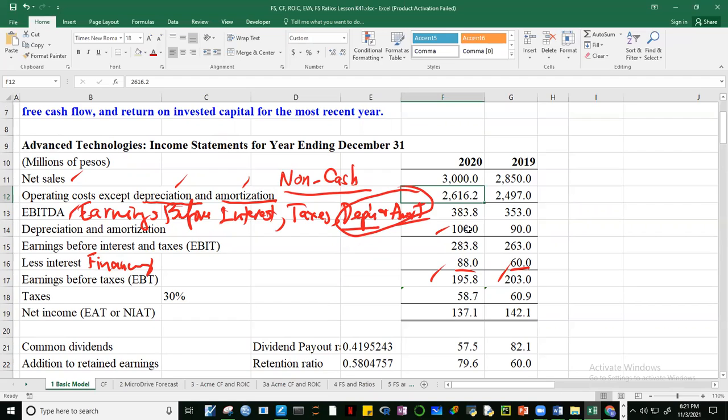So your total operating cost is 2616 plus 100, and we deduct that from your net sales in order to arrive at your operating profit. Take note, guys, operating profit means we haven't considered any financing cost. That's why we subtract the interest, which is now your financing cost. So we segregate the operating profit from the net income.